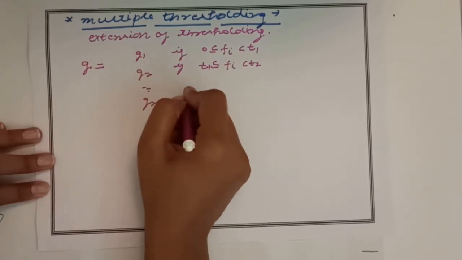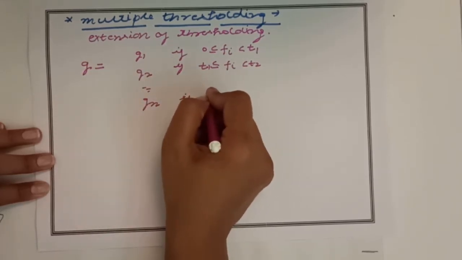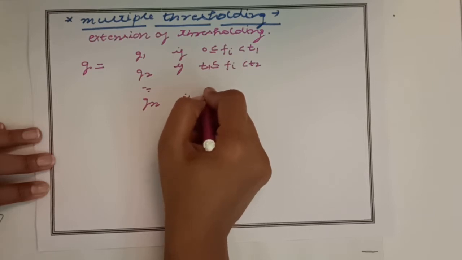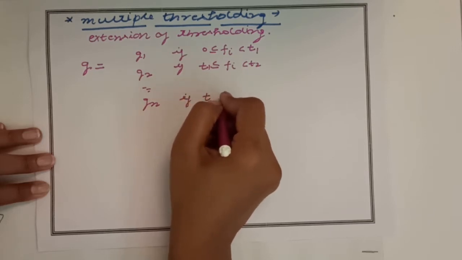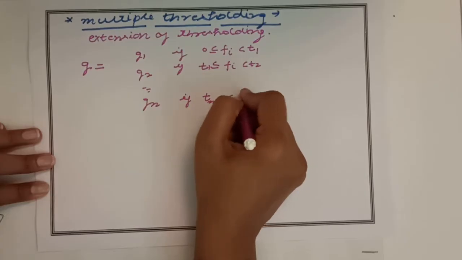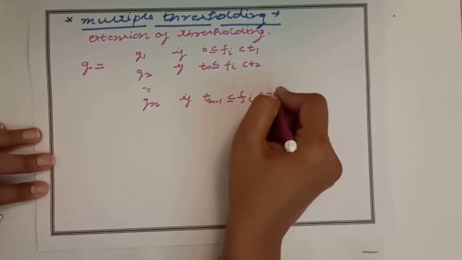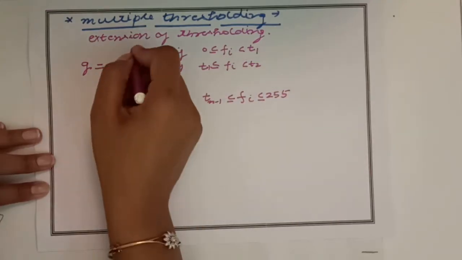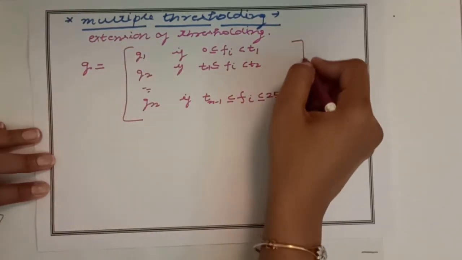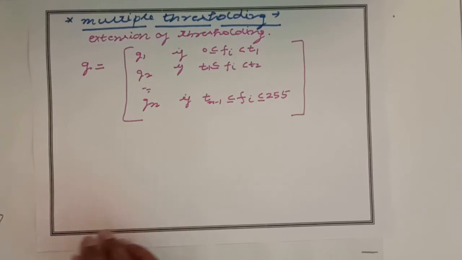Accordingly, it can be written as Gn if the input image varies between n minus 1 to the higher level, which is 255.